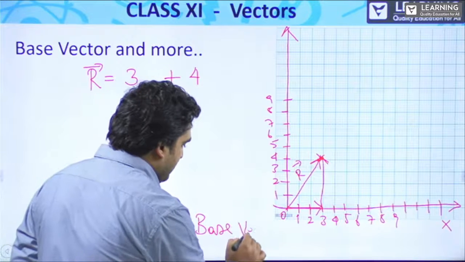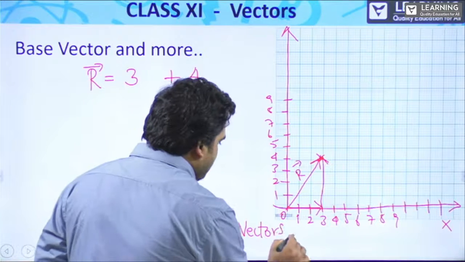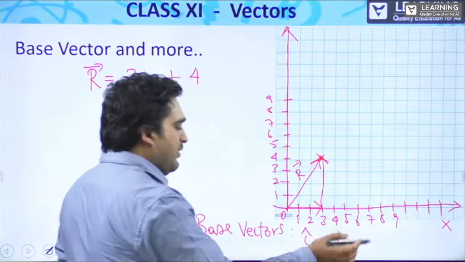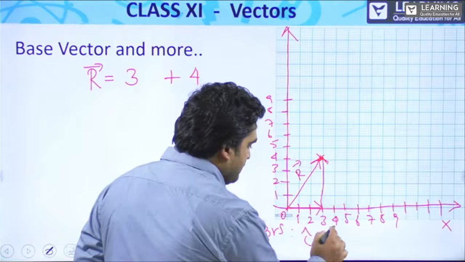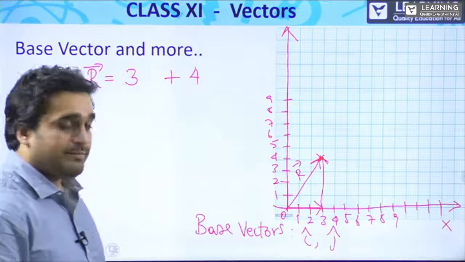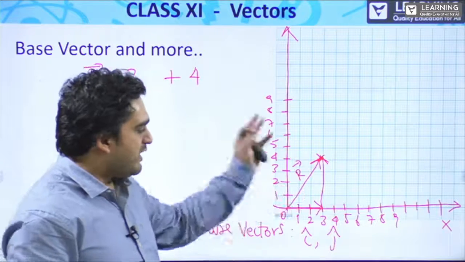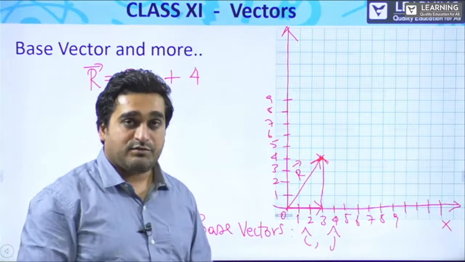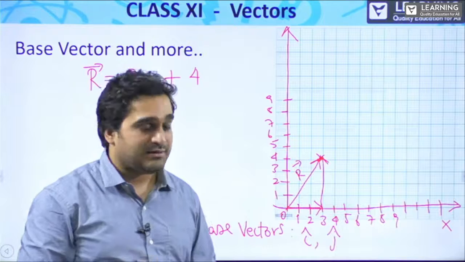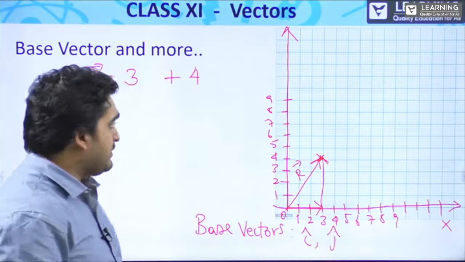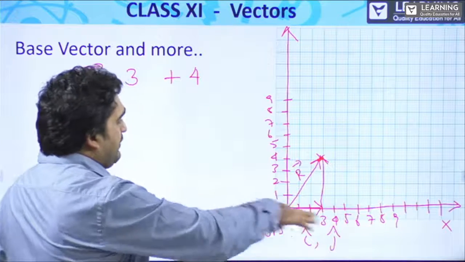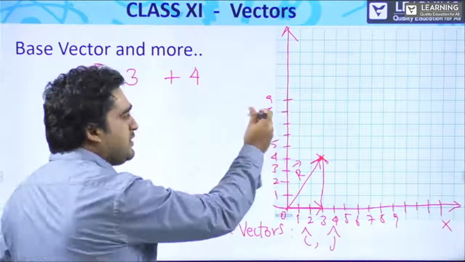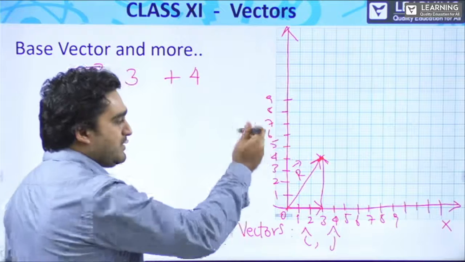Base vectors for the x-axis are usually given by i cap, and along the y-axis it is usually denoted with a j cap. This is only for a 2-dimensional plane, but for a 3-dimensional one, when you have x, y and z axes, that is the 2 planes of the board, x-axis and y-axis, and then there's one more axis which is pointing in an outward direction.